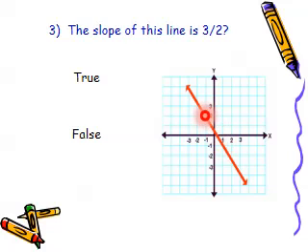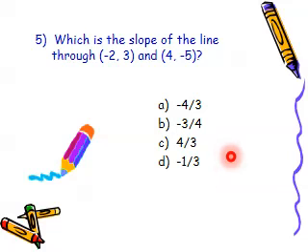Let's go from this point right there to this point right here. So starting here, I have to go down 1, 2, 3. So that's negative 3 for the rise on top. And then the run on the bottom is over to the right, 1, 2. That's positive 2. So negative 3 over 2 would have been correct here.